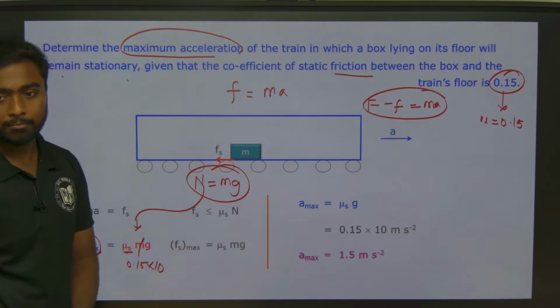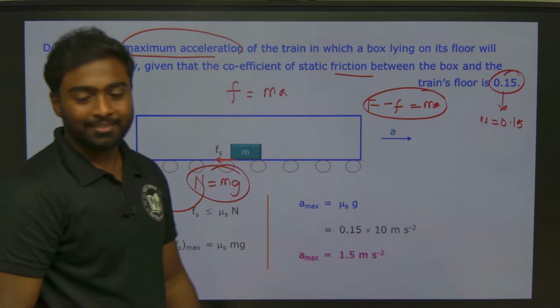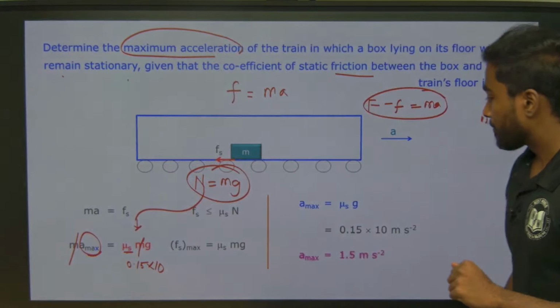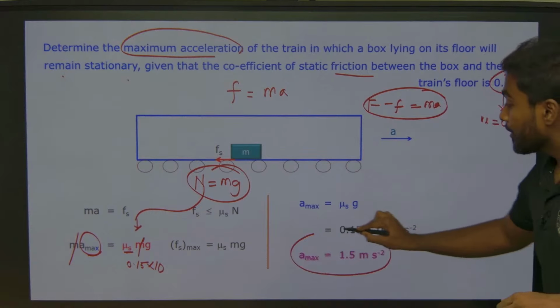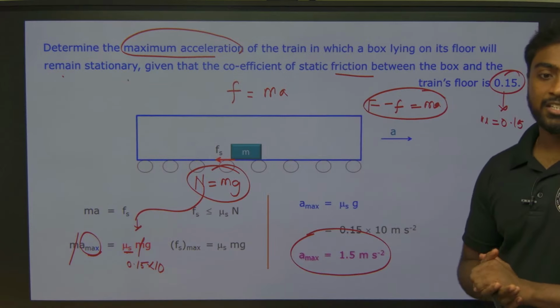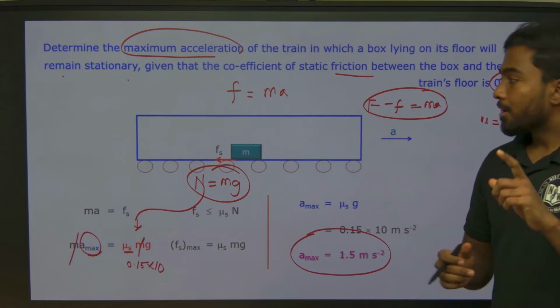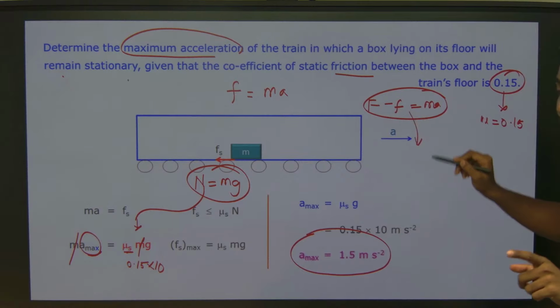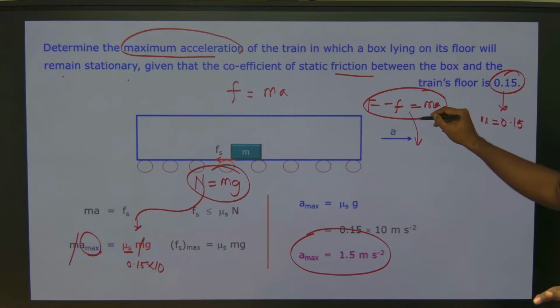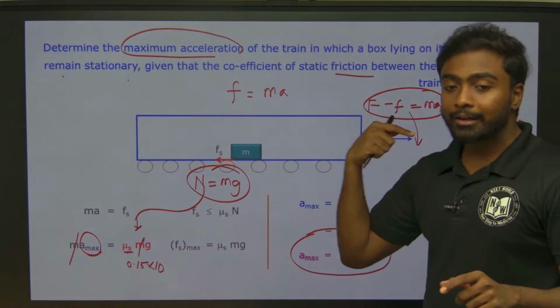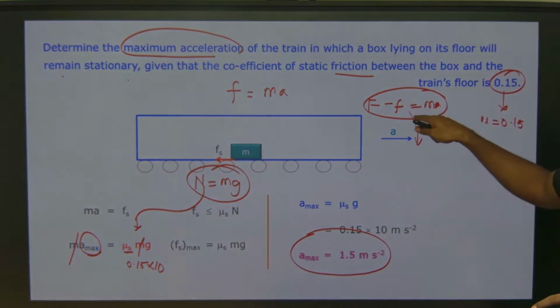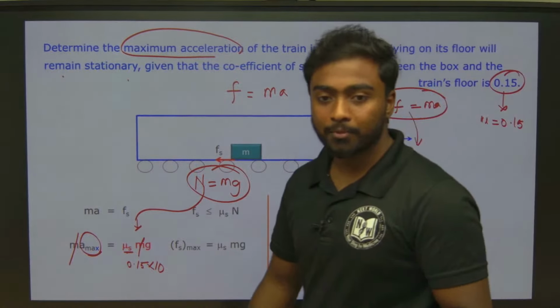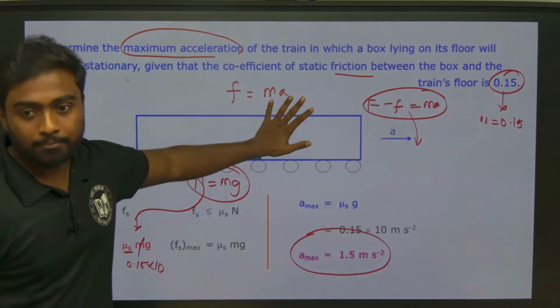But which acceleration? I am calculating maximum acceleration, so the box will remain stationary. When I use this equation, it means the object is in relative motion and I am using kinetic friction. It is static friction. Got it?